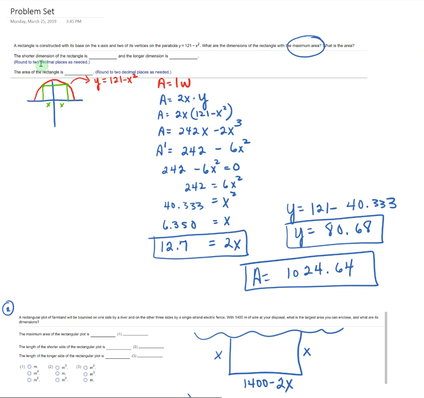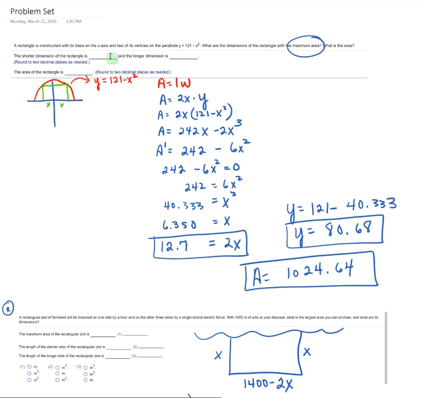This says round to 2 decimal places. 2 times that would be 12.70 if you needed to put 2 places. So the long side would be, well, that's actually the shorter side.